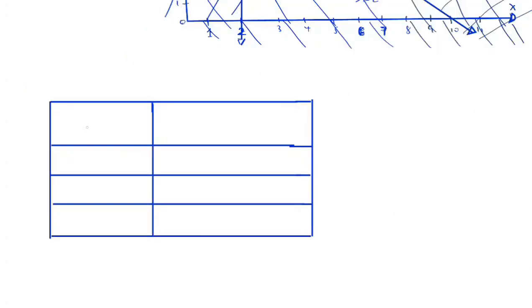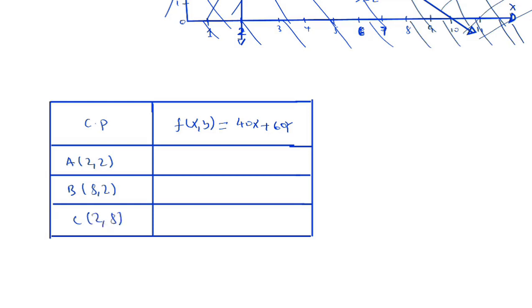We have the corner points here, and then here we have our maximum function f(x, y), which equals 40x plus 60y. Okay, so taking the points from our graph, point A is (2, 2), point B is (8, 2), and point C is (2, 8).